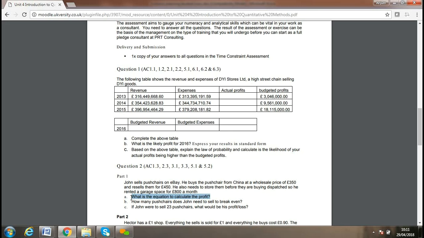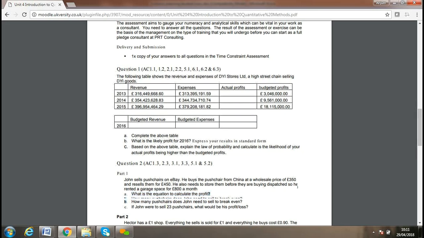So sales minus total cost equals profit. That's the equation we need to use. If you really want to, you can say S minus TC equals P. Thus we can use an equation if we need to.